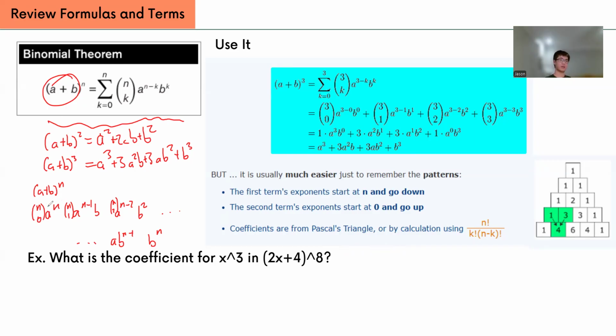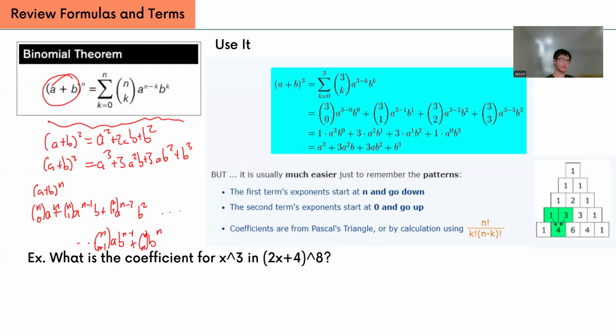To calculate each coefficient, you just use n choose whatever your exponent for b is. For example, here this is n choose n, and this is n choose n minus 1, right? Then if we add in all the plus signs, we end up with our final expansion.